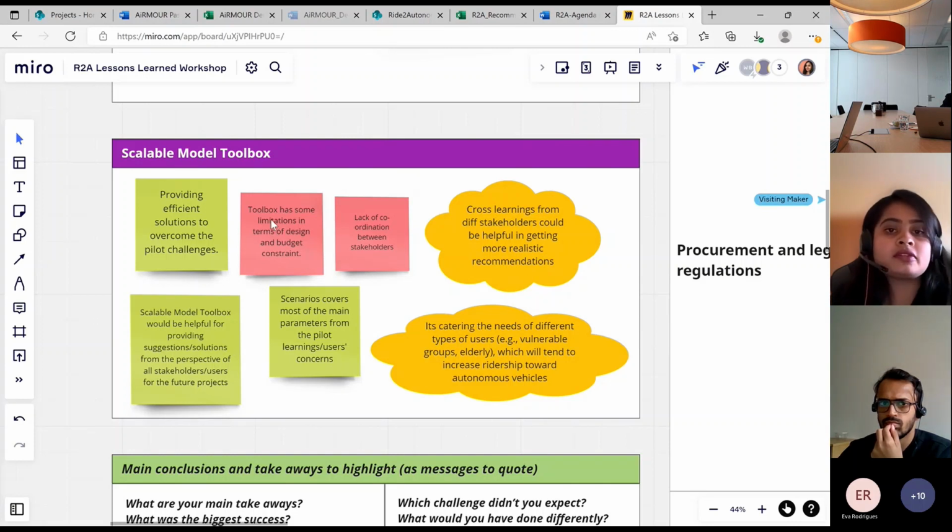And we also face some challenges, like lack of coordination between stakeholders, and we also have limitations in terms of design and budget constraints.